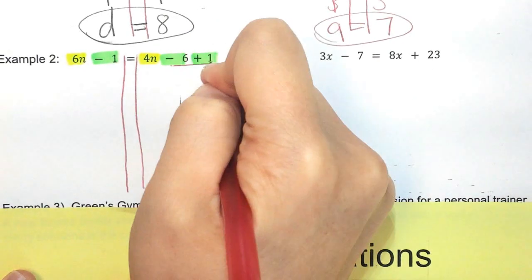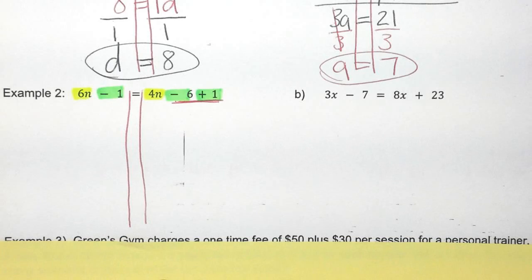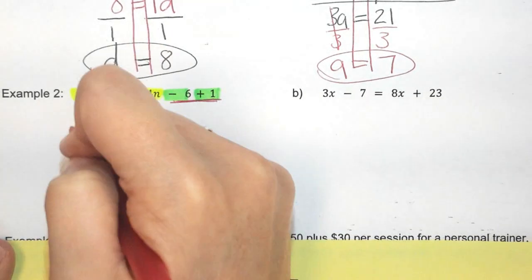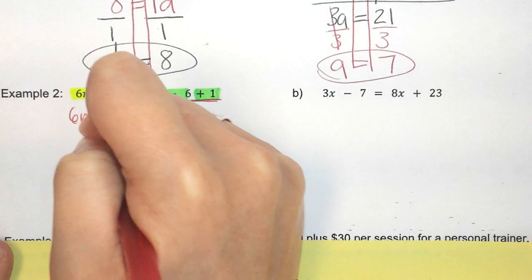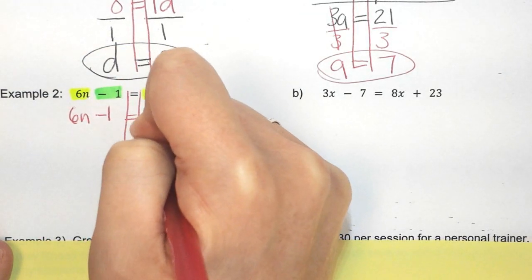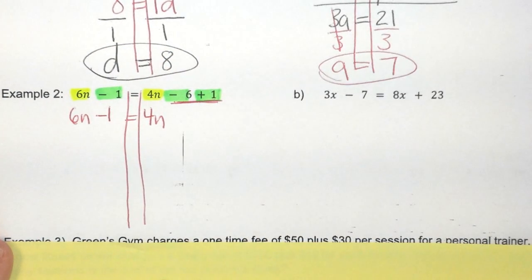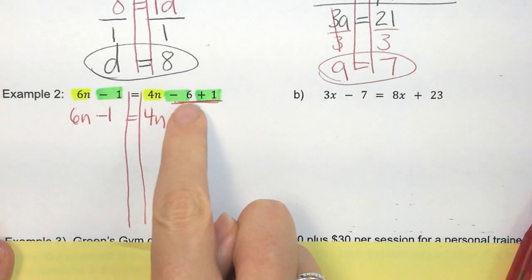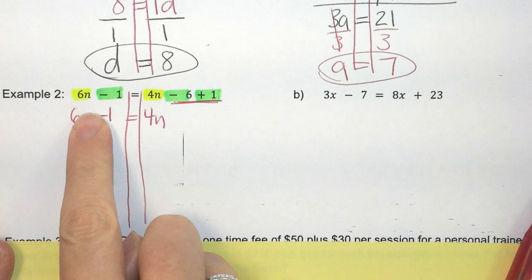So I want to combine these right away. Okay? I underlined those so that I could see what part I am combining. The rest of it, I'm going to leave exactly the same. So any part that I didn't underline, I'm just going to write it straight down. 6n minus 1 equals 4n. And then -6 plus 1, when I go to do this, guys, I am not moving it across the railroad track.